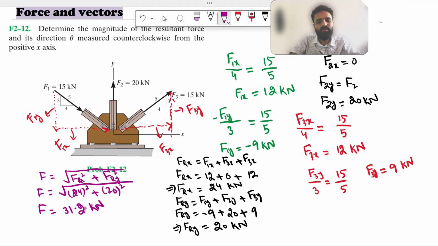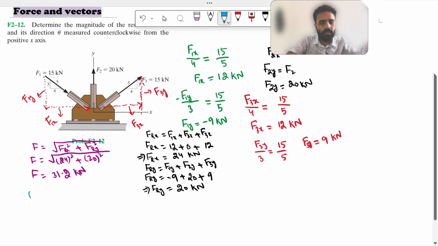Now I will be finding its direction. For direction, I will be applying the trigonometric ratio. So theta will be equal to tan inverse of Fy divided by Fx. We already know the values of Fy and Fx, but in this case, it will be FRY and FRX, the resultant components, because we are finding the direction of the resultant force.